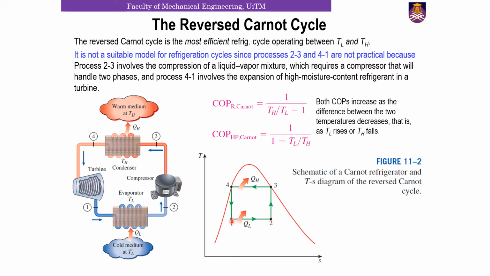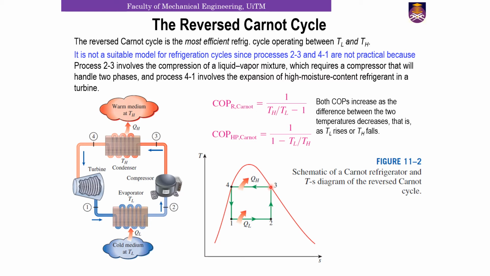As you can see, process 1-2 is where the refrigerant goes through the evaporator, and as it goes through the evaporator, it absorbs heat from the cold medium. That is process 1-2 represented on the Carnot diagram here. This heat is absorbed, then from process 2-3 it goes through a compressor isentropically, and then it reaches point 3.